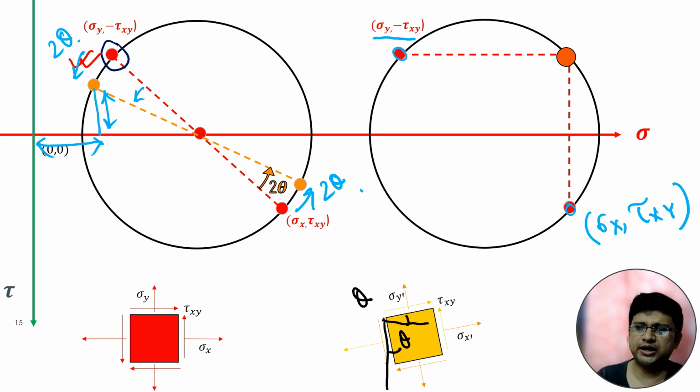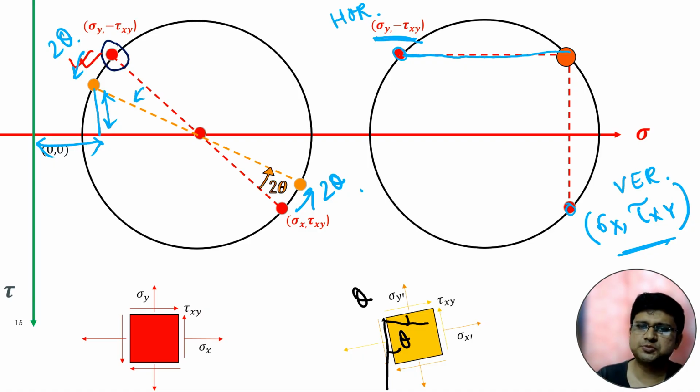Now from these two points, this is our horizontal plane and this is our vertical plane. So from the horizontal point, we will draw one line which will be parallel to the plane, because this point is the point with respect to the horizontal plane and this point is with respect to the vertical plane.